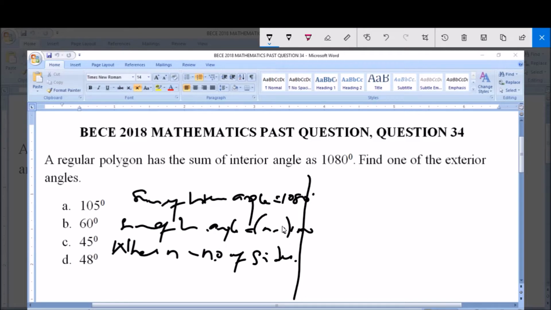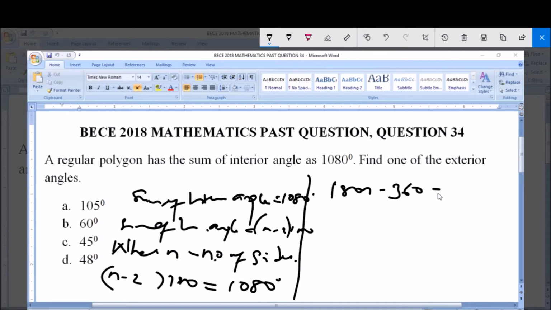And so for us to know the number of sides of this polygon, we must equate this formula to 1080 degree. So therefore we have that n minus 2 in brackets multiplied by 180 is equal to 1080 degree. So from here we have that 180 will multiply n to give us 180n, minus 180 will multiply 2 to give us 360, is equal to 1080 degree.